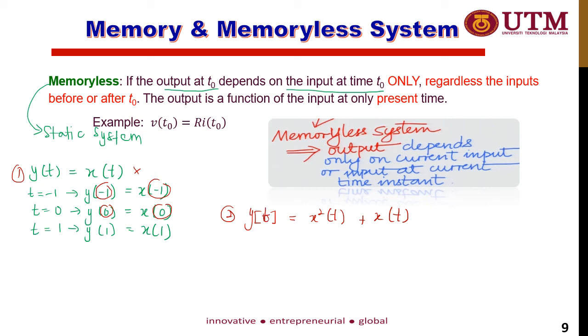If we try different t values, we will notice that the output at the same t depends on the input at the same t. Therefore, this is a memoryless system, since it does not depend on the future or the past values.